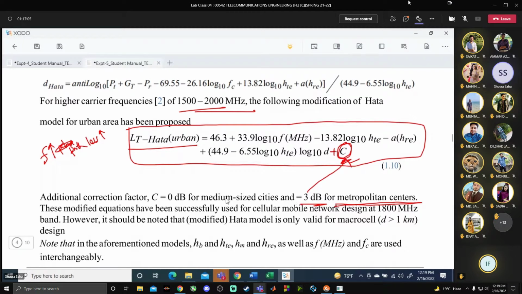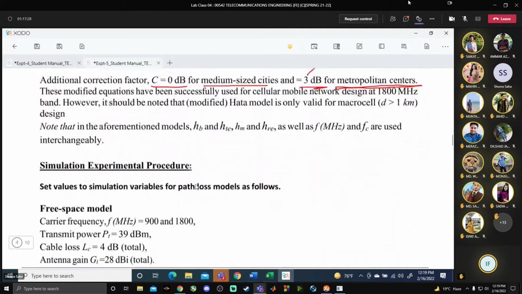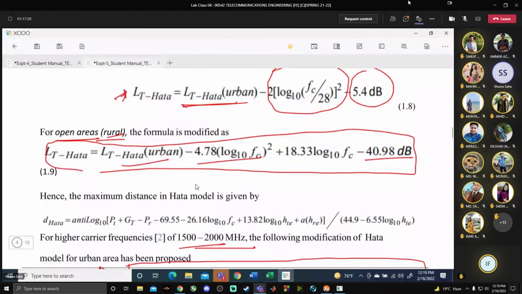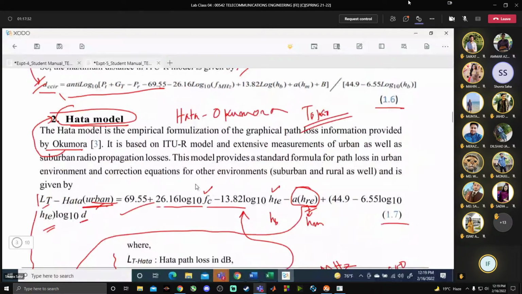But if you are thinking about medium-sized cities like Gazipur, Narayanganj, then you do not need to add anything. That means C will be 0. Okay, so this is about the correction factor introduced for high frequency operation from 1500 to 2000 megahertz in urban areas in Hata. This is all about the propagation models that we have to investigate in this experiment.